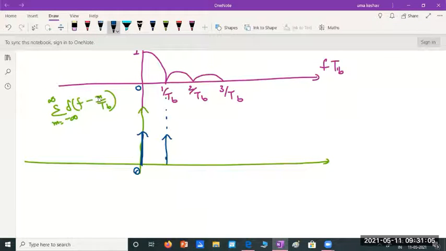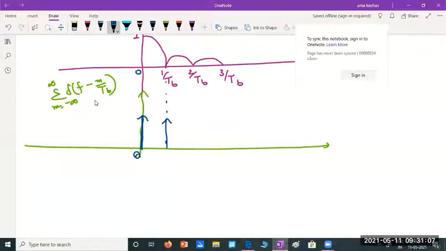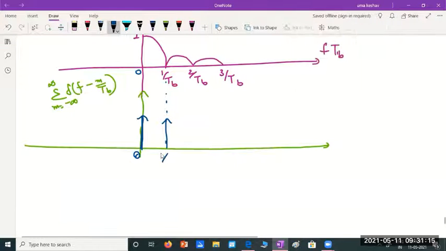See, go on substituting different values of m. So where will this, if m is 1, I'll get delta f minus 1 by TB. It would give you a right shifted impulse, correct, at 1 by TB. Similarly, if I put m as minus 1, I'll get one impulse here.